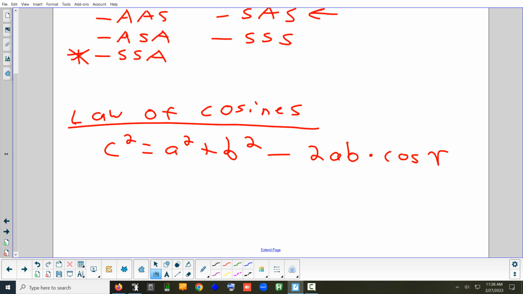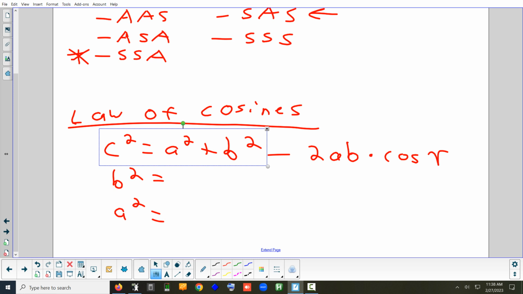Now, depending on the letters you use, you could write this law an infinite number of ways: A's, B's, C's, X, Y, Z's. But the general pattern is it's the sum of the squares of the other two sides that you didn't use the letter for here, minus twice the product of the two letters you put here, and then the cosine of the angle across from what you started with. Let's write it with different letters.